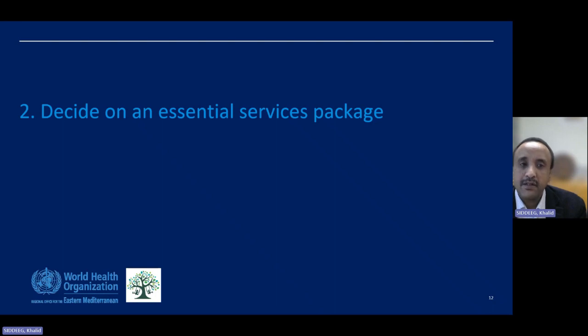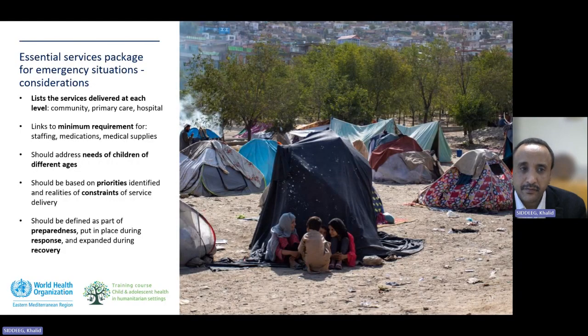Step number 2 is, after improving and agreeing on the health service structure, we need to decide on what essential service package will be provided. There are several considerations to take into account while deciding on the contents of essential service packages.